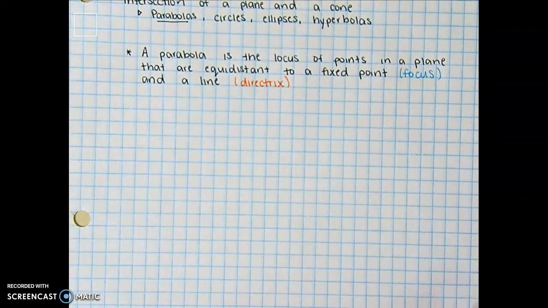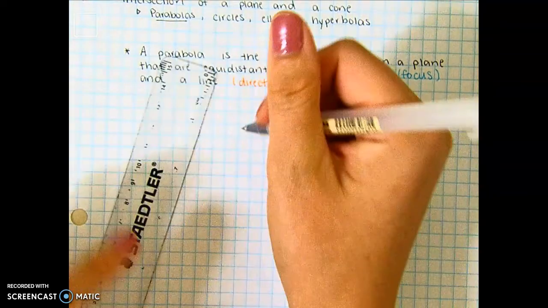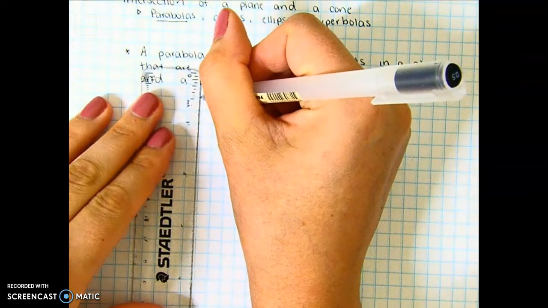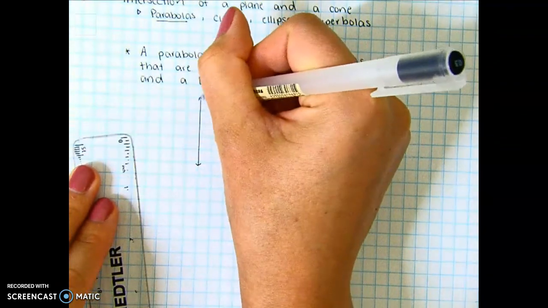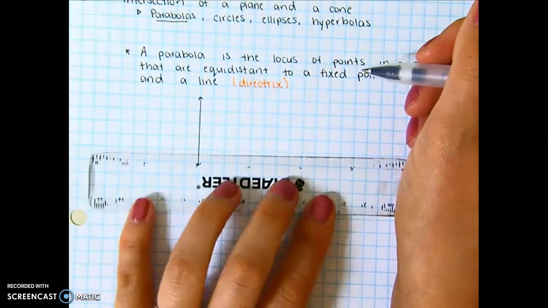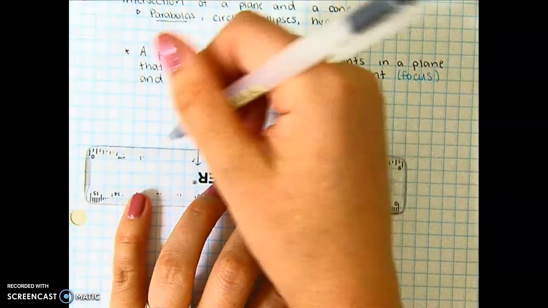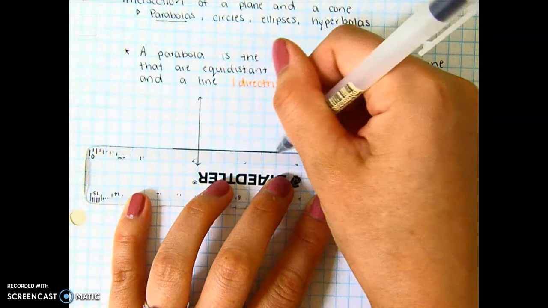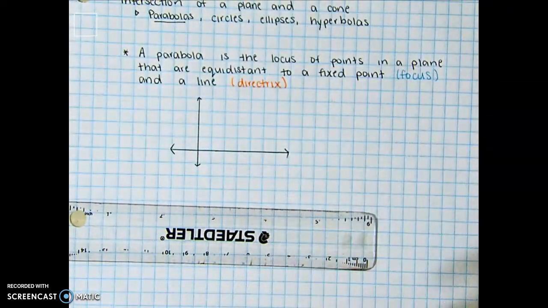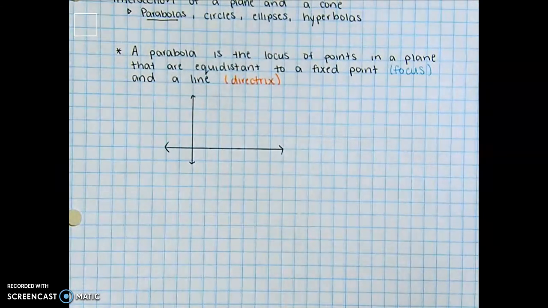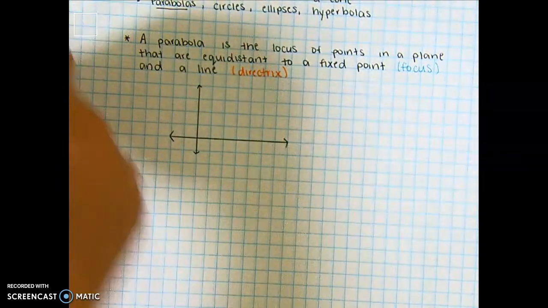Okay, so let's do a visual. And I'm just going to sketch this, so it doesn't need to be totally accurate. Okay, so the directrix is a line.